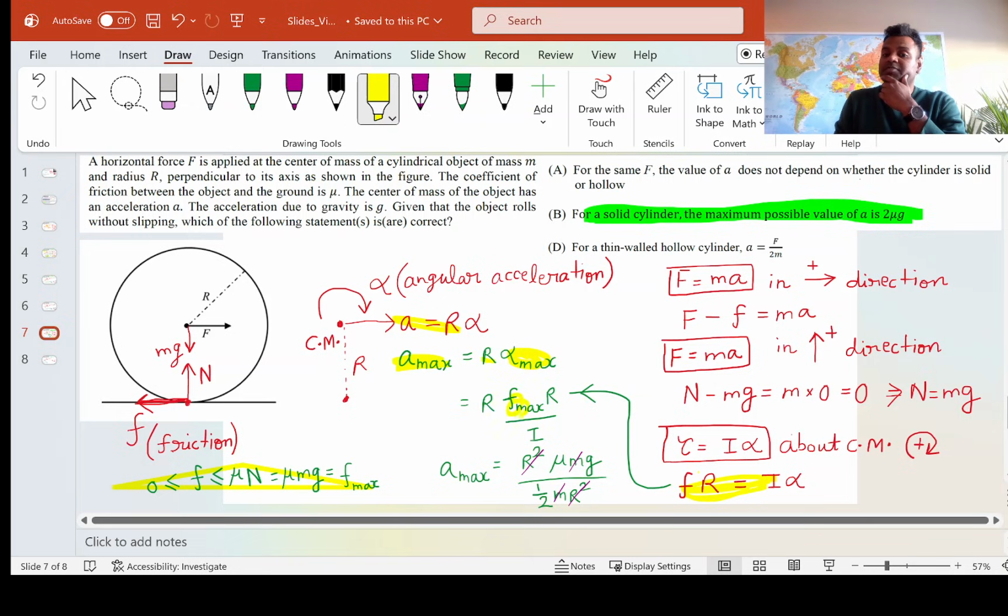So the maximum value of friction force will decide what is alpha max, and that will decide A max. And maximum value of friction is mu into N, which is mu mg. So you will get A max is 2 mu g. So B is also correct, and D is also correct, and A is wrong.